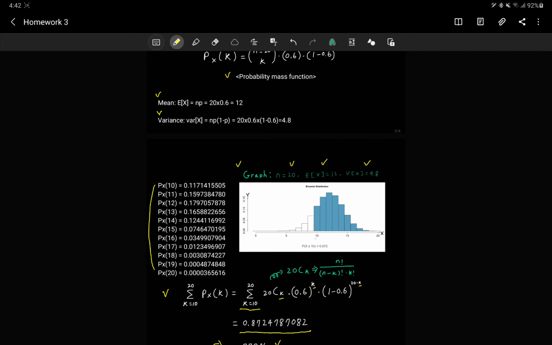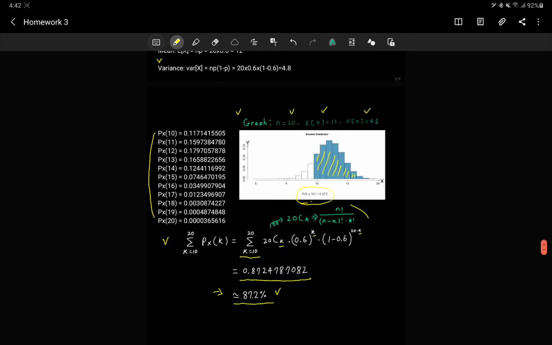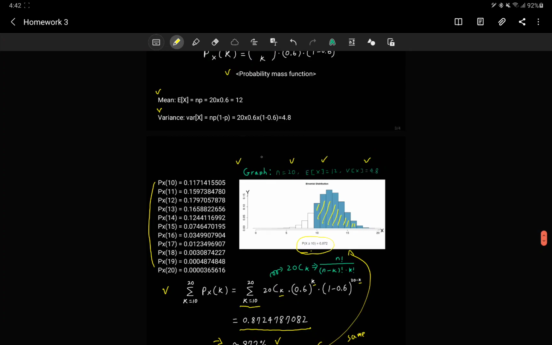If you add all the y values in the blue area, you can get a value of 0.872. Converting this to a percentage is 87.2%. In other words, this graph is the same as the probability mass function graph.